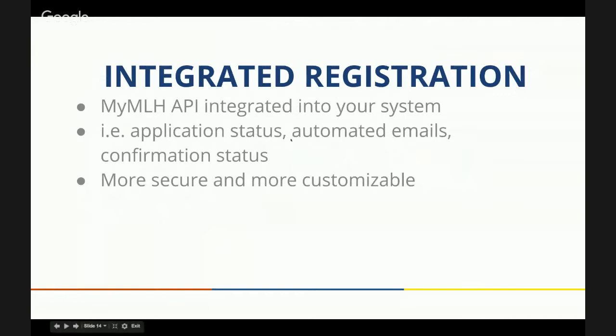You would use this system because you want to send out application status or automated emails, as well as having a confirmation status for each of your attendees. So this method is much more secure and much more customizable for the organizers.